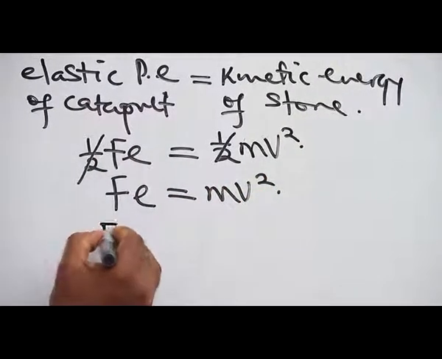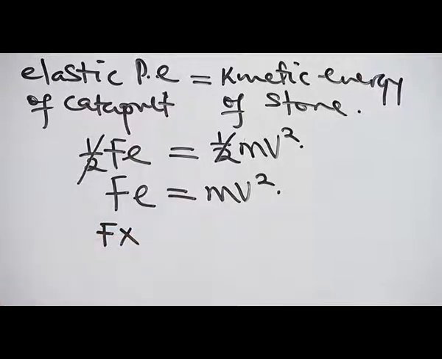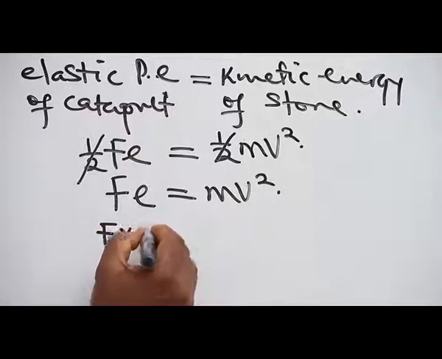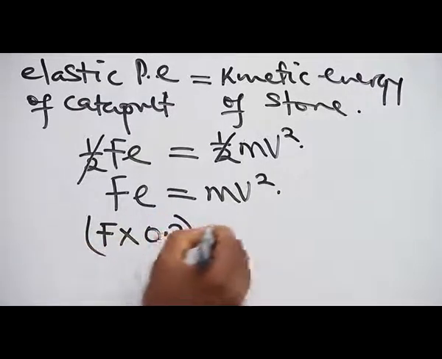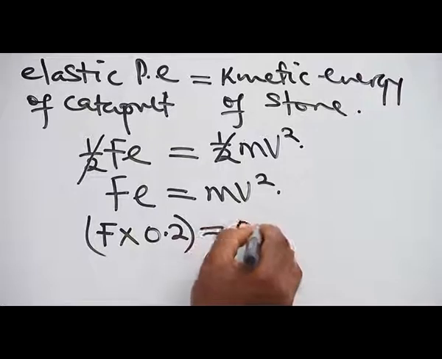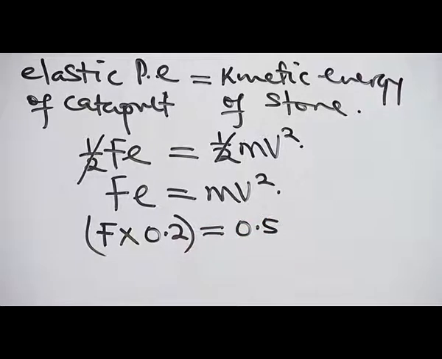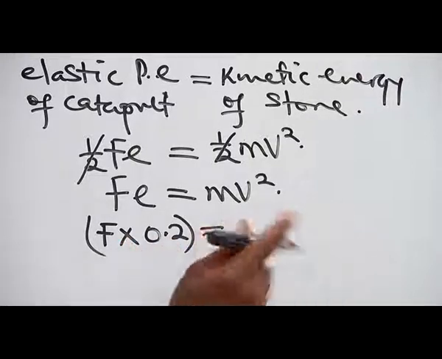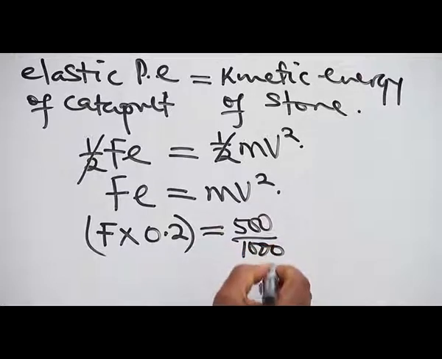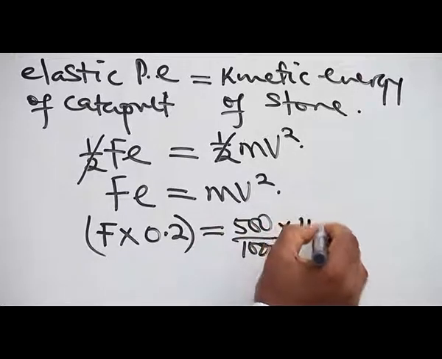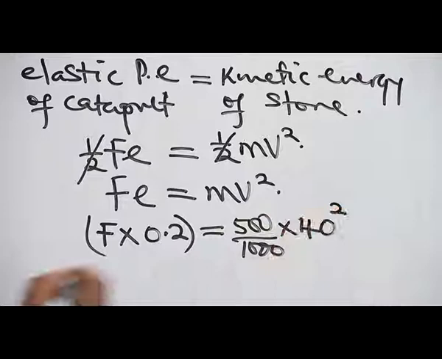F is unknown. The extension is 0.2, that's 20 cm converted to meters, is equal to 0.2. The mass is 0.5, that's 500 grams converted to kilogram, 500 over 1000, times the velocity 40 squared.